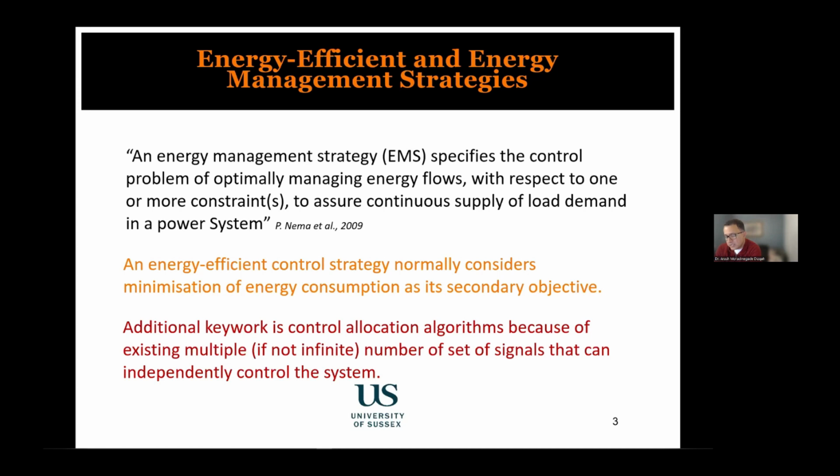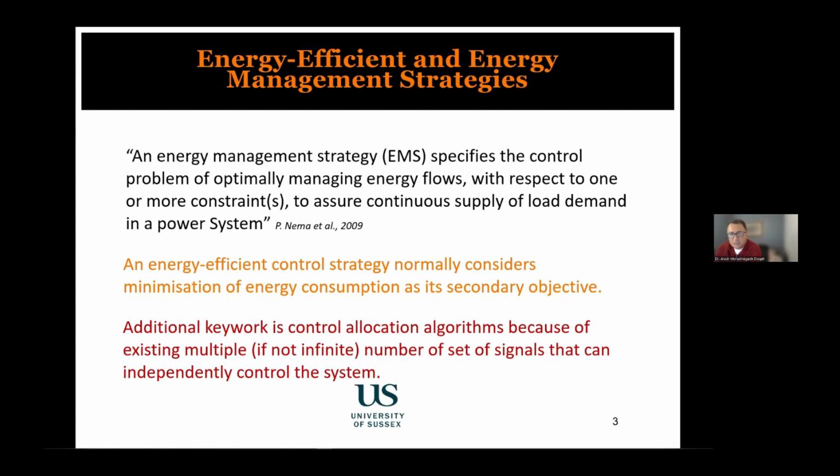Another related keyword is the control allocation problem, because most of the time these systems are called over-actuated systems, meaning that you can meet the energy requirement in different ways, and in most cases in infinite ways.